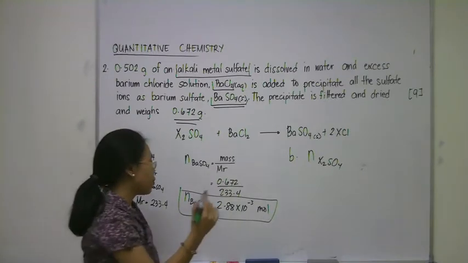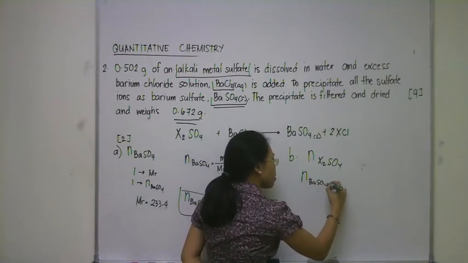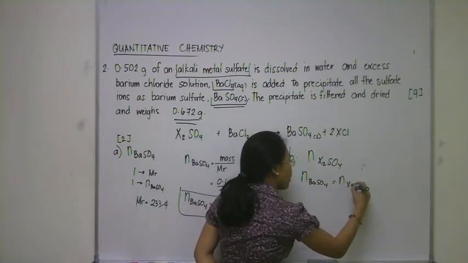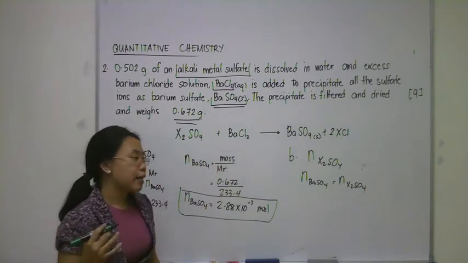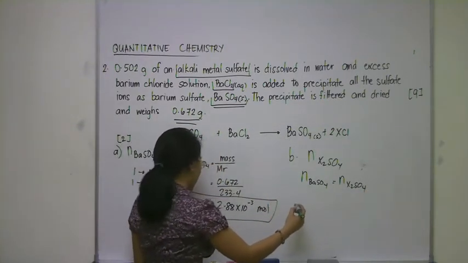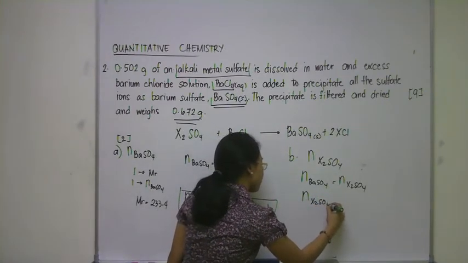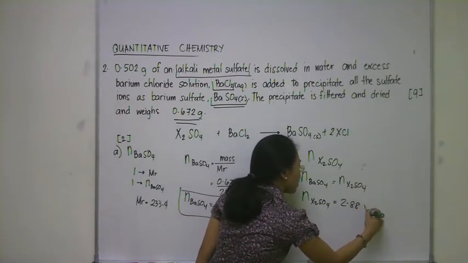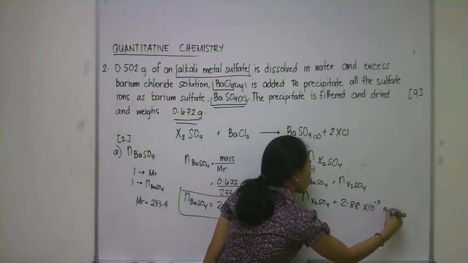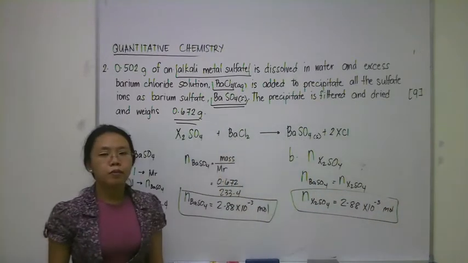Hence, we can say that the moles of barium sulfate and moles of X2SO4 or alkali metal sulfate are the same. So the answer for letter B is 2.88 times 10 to the negative 3 moles.